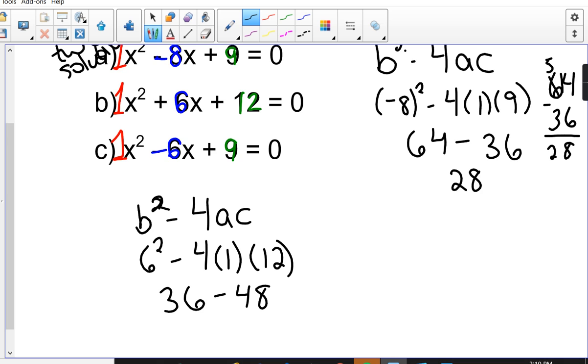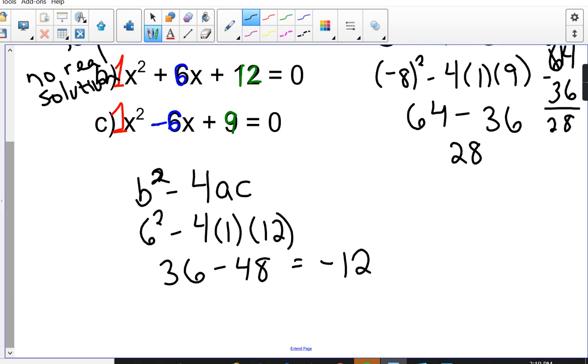So this is 36 minus 48, which is a negative number, -12. So this one has no real solution, because we can't take the root of a negative; that would be an imaginary number. If -12 is our discriminant, the number under our square root, there's no real solution. So it must be that choice C is the right one, but let's try it just to be sure.